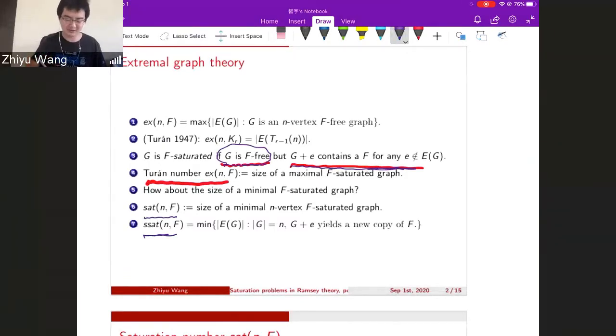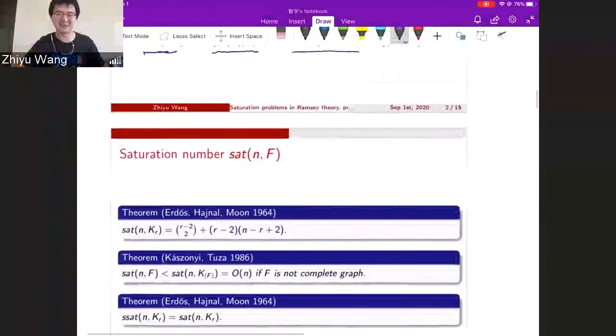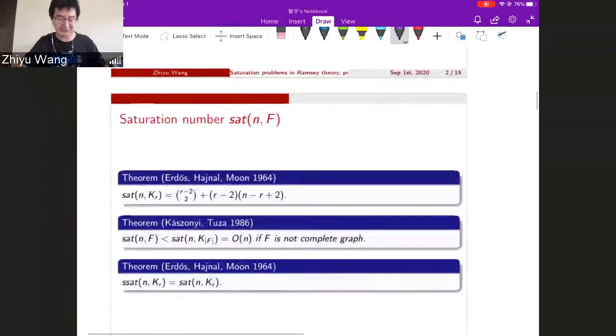The semi-saturation number is just the minimum size of a graph where we don't care whether it's F-free or not, but adding any edge will give us a new copy of F. So the only difference between the two versions is whether G is F-free. If there's any question, please let me know.